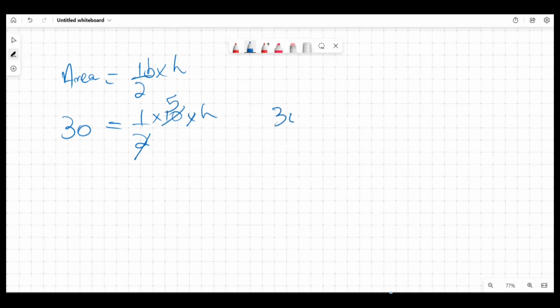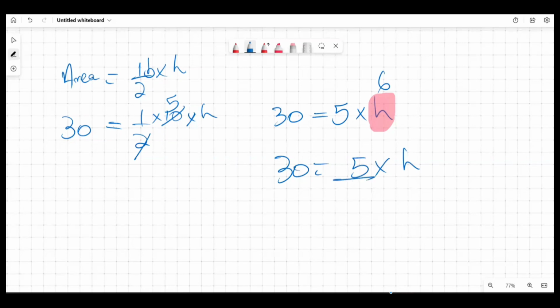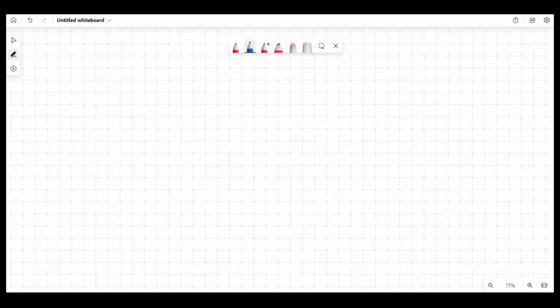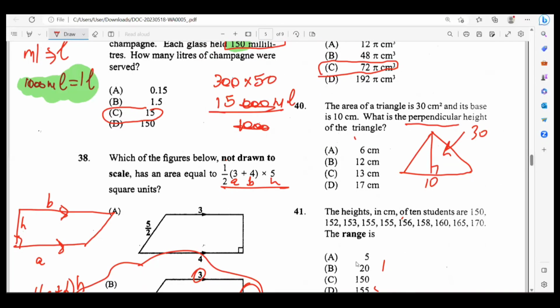So you're looking at 30 equal to 5 times h. At this moment, you can mentally ask yourself, 5 times what gives me 30? Most of you would say 6. Now, if you don't see that, what you could have done is divide both sides by 5. So 5 into 30, 6. You must find a way to connect. The moment you connect, you're good to go. So 6 would have been the answer. It should be there. It's at the top.